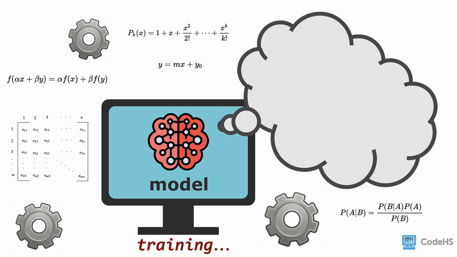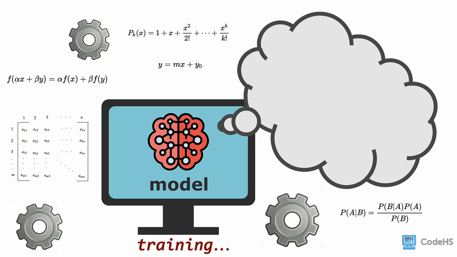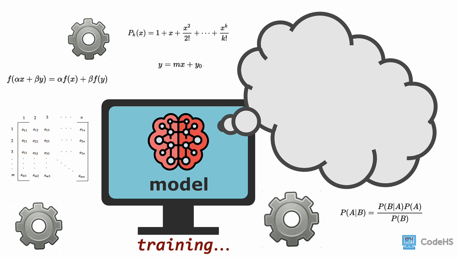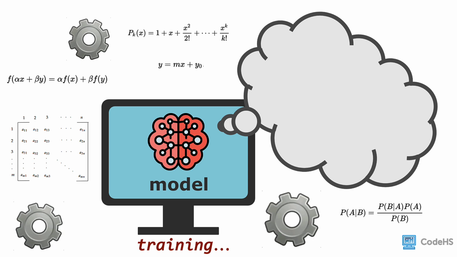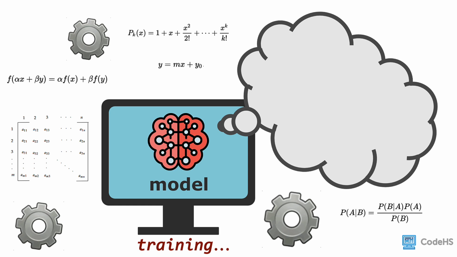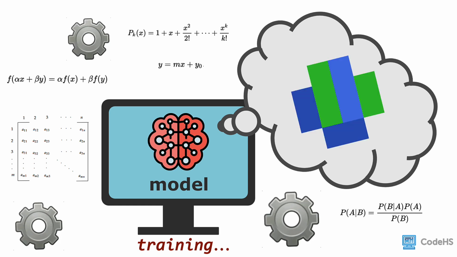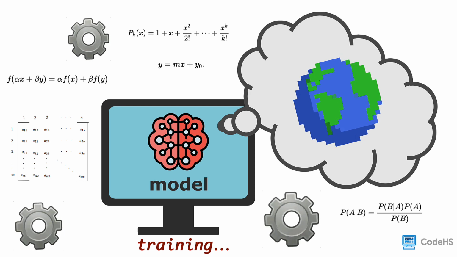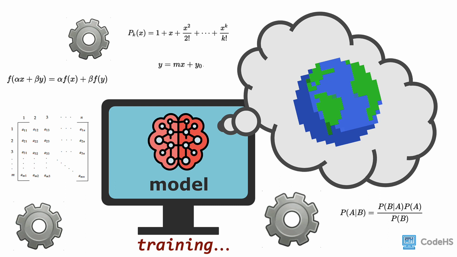When we train our models, what we're really doing behind the scenes is fine-tuning the parameters of these mathematical components. Remember, the model starts with no conception of what is going on. It knows nothing. But as it goes through the training process, with more and more data, it starts to learn about the situation that is presented in the training data.